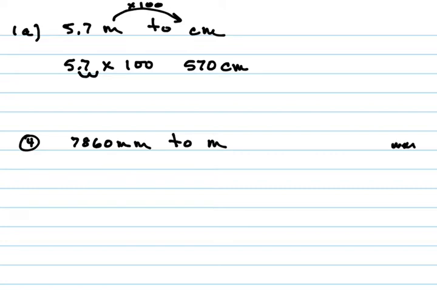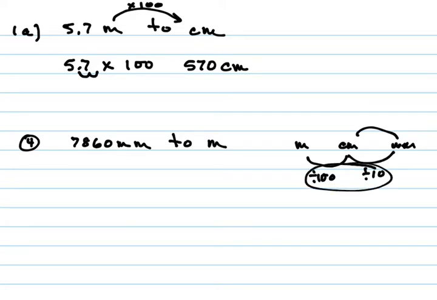So if that's millimeters and this is meters, there's still one unit in between, which is centimeters. So what we're going to be doing is dividing by 100, but we're also going to be dividing by 10. So don't think of it as dividing by one or the other. What we have to do is multiply those together to get our divisor, right? Because we need to divide by both of them.